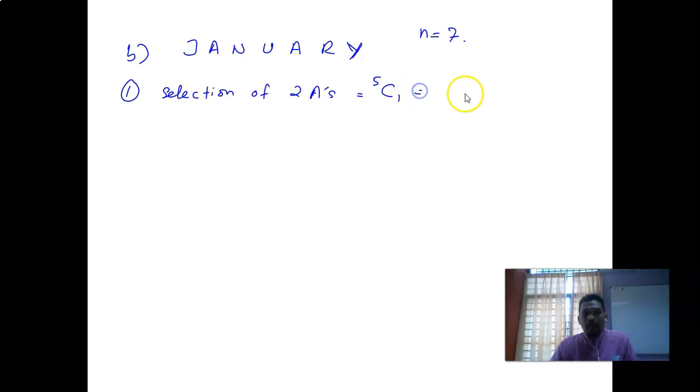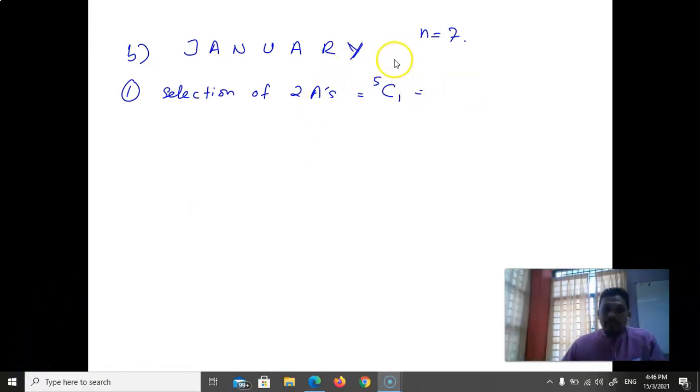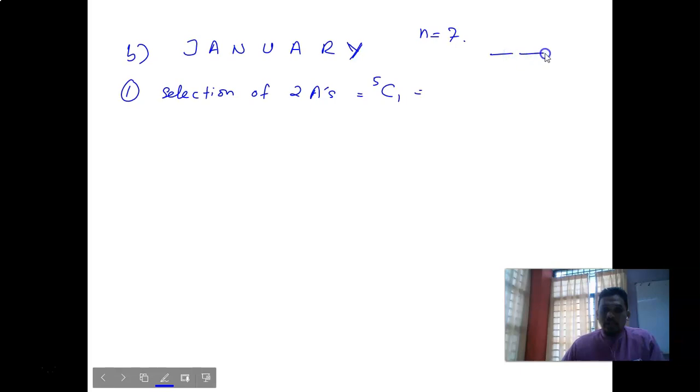5C1. Why did you say 5C1 here? So class, why did we straightly come up with 5C1? There are 3 letters that we're going to choose from the word January. So there are 7 of them: 1, 2, 3, 4, 5, 6, 7.